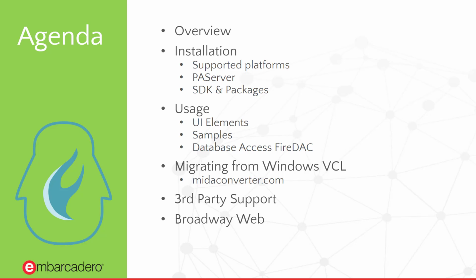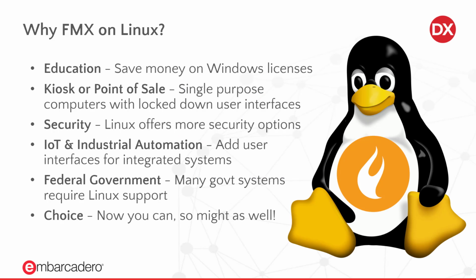Also, if you do have existing VCL applications on Windows, you can use the MIDAS converter to convert those to FireMonkey before using FMX Linux. Lastly, we're going to touch on third-party support and the Broadway server that allows you to run a FireMonkey application in the browser.